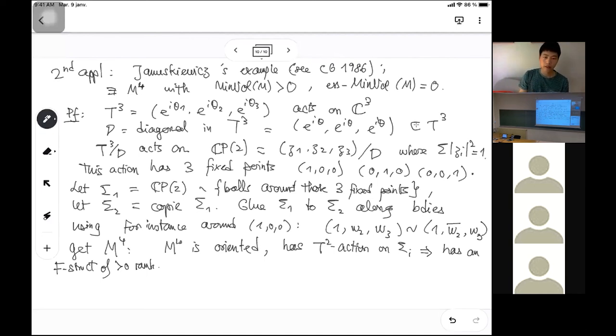And because it has an F structure of positive rank already, you can collapse it. So the essential minimum volume is automatically 0, by Cheeger.